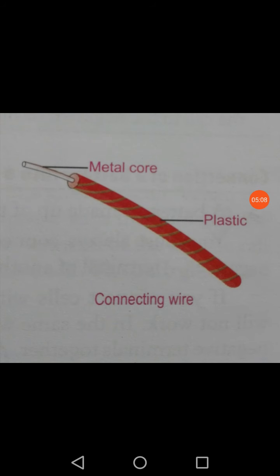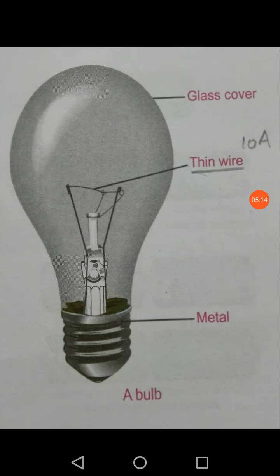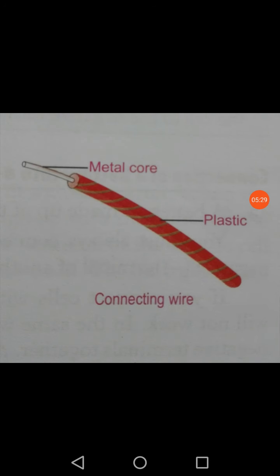First of all, I told you about the bulb. The bulb has a metal part, a glass cover, and a thin wire for the bulb to glow. The glass cover protects the internal structure of the bulb. Now we'll move toward connecting wires.